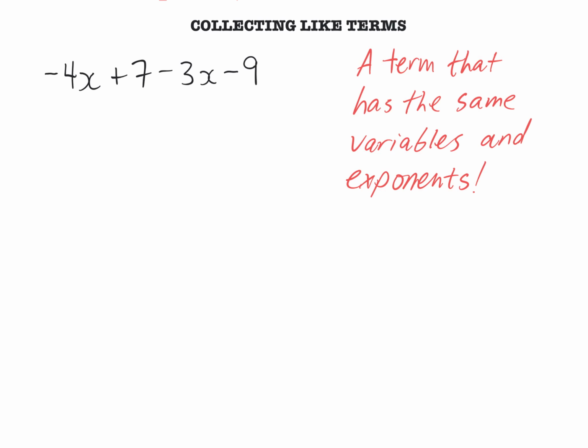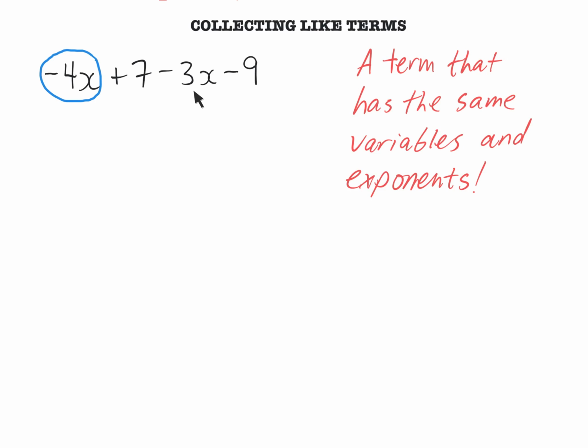So to collect them, here's what you do. You're going to put circles or rectangles around each set of like terms, and you must include whatever sign is directly to the left of it. So what that looks like is, here I've got negative 4x, and then you just go along.